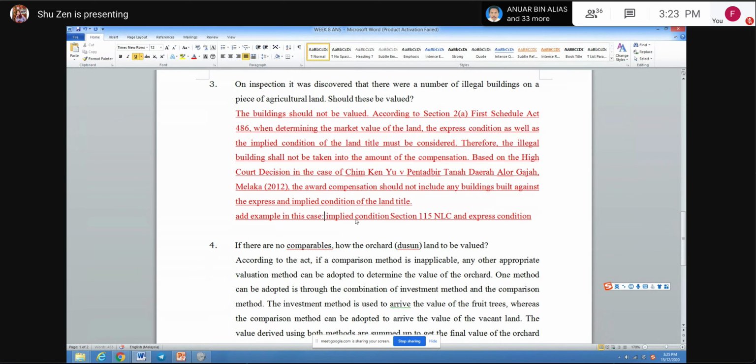It can be a town by itself. But our example is 20 acres of land. It's not an estate. In the National Land Code, Section 115 also mentions that 1/5 of the whole area we can use for dwelling houses for agriculture buildings.